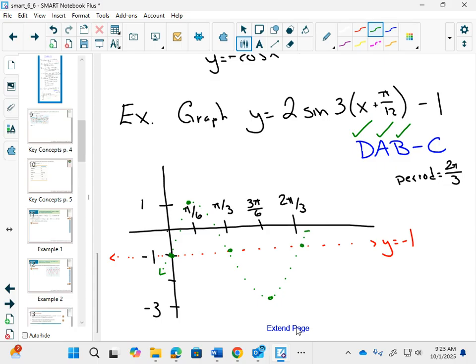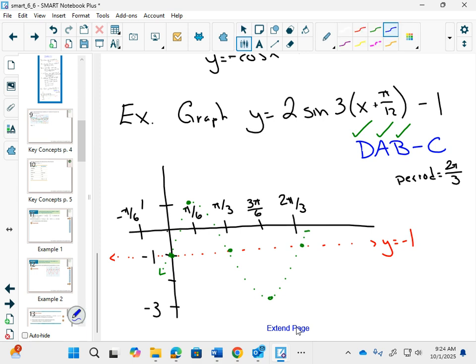But we have a phase shift here. Each of these tick marks is pi over 6. So if I made the same tick mark on this side, I would get to negative pi over 6. I need to do a shift of pi over 12. You see that plus pi over 12 would be pi over 12 to the left. Where is pi over 12 on my x-axis? Pi over 12 is half of pi over 6.